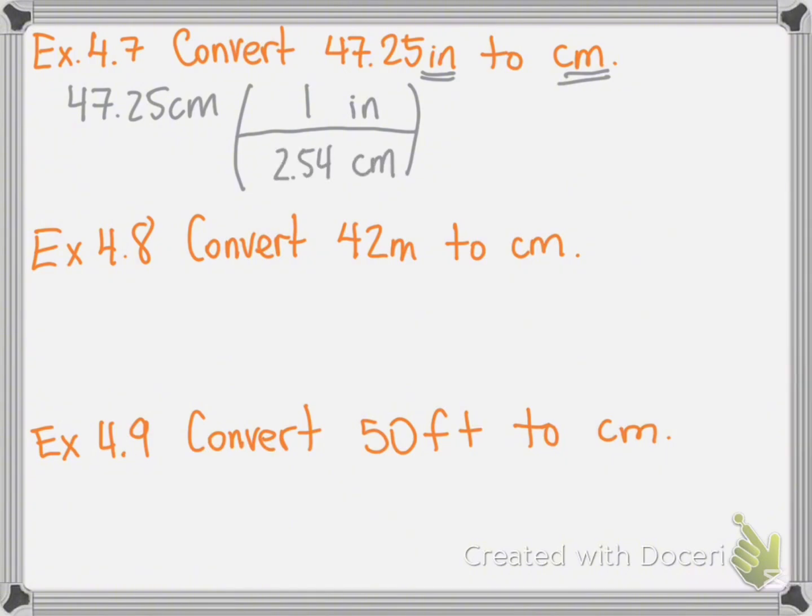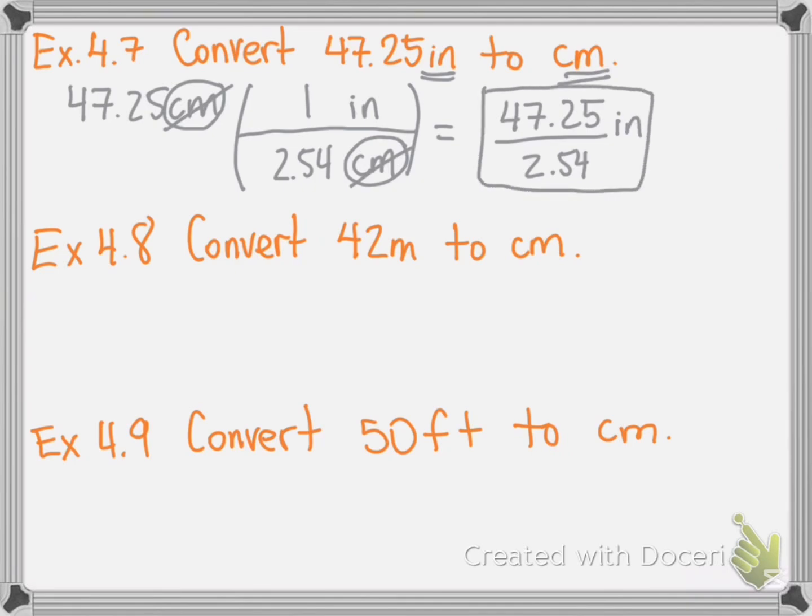Again, we want the unit that is on the top to be on the bottom as well so that they can cancel each other. And again, when we do that, we have on the top the 47.25, and on the bottom, we have the 2.54. And again, we just leave it like that. You don't have to divide that. You can just leave your answer like that.